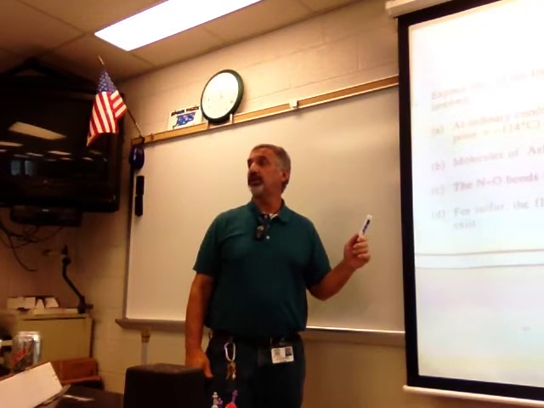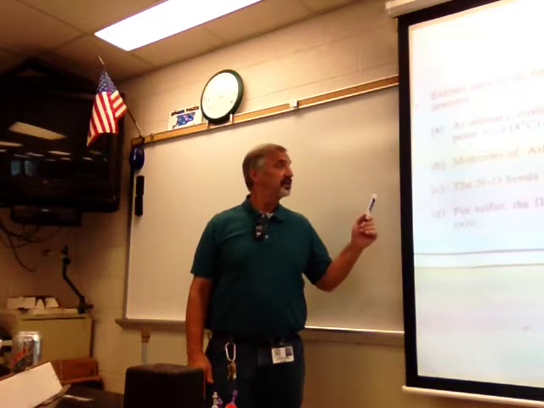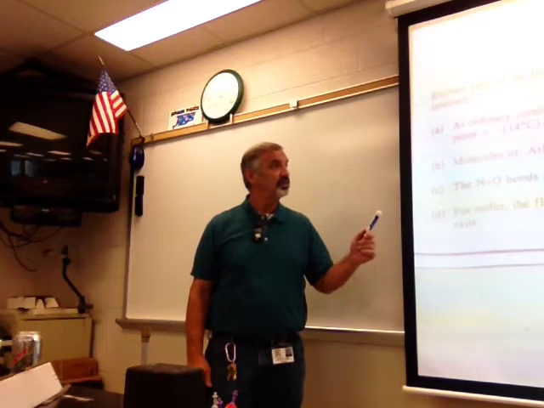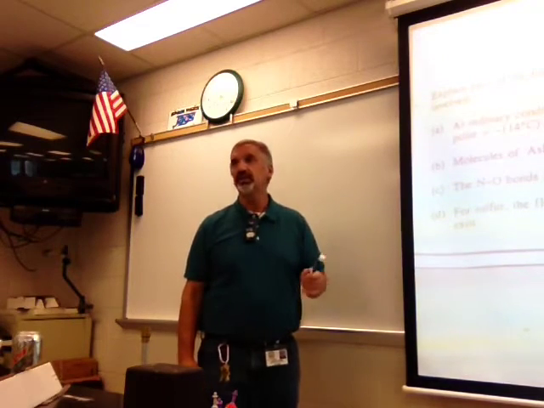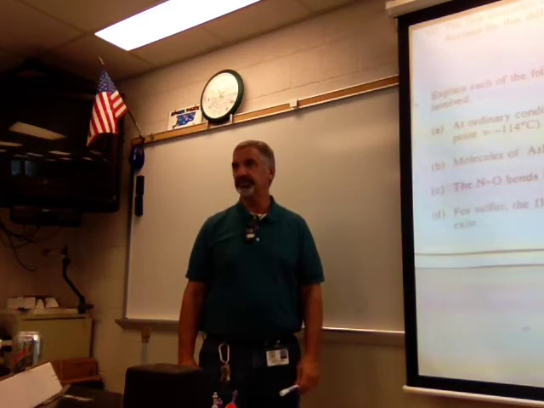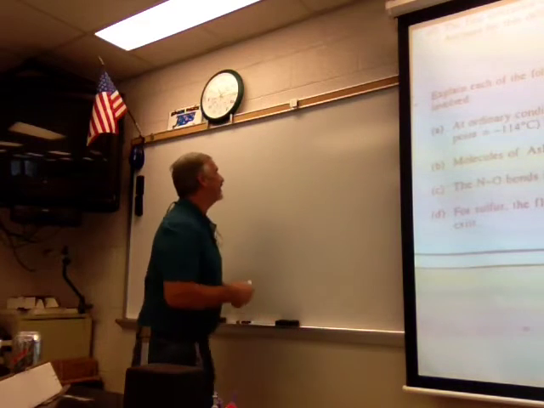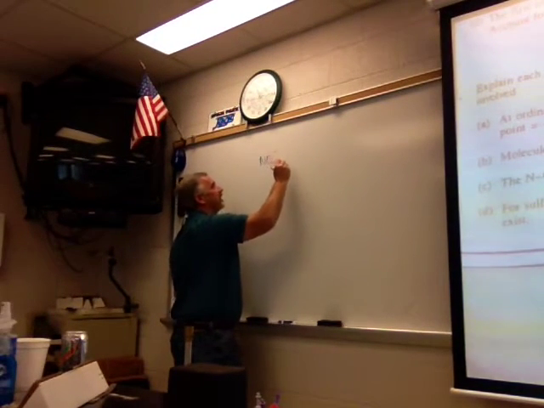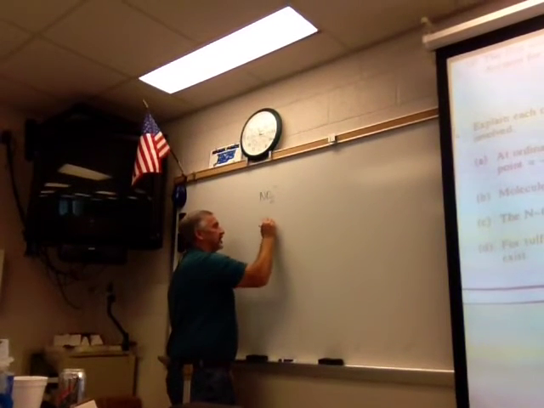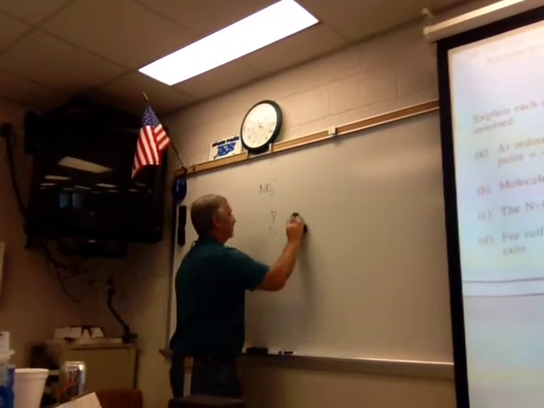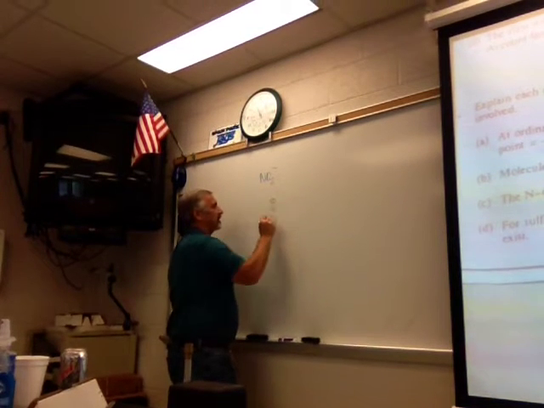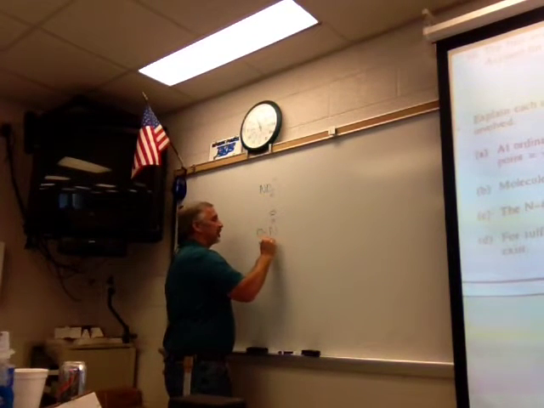Question number 4, Andrew says, the NO bonds in NO2 minus are equal in length, whereas they are unequal in HNO2. So if we draw the NO2 minus, we actually just drew that one, it's going to look like this and this with the lone pair here.